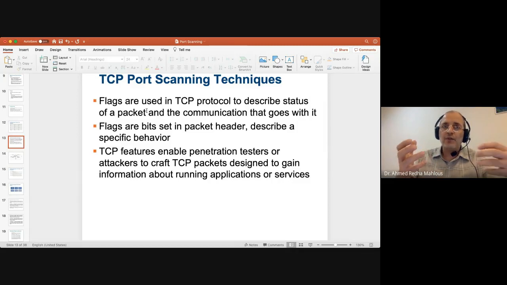I will send a specific packet with a specific flag just to test the behavior of my target machine. Based on the response I get from my target machine, I will deduce whether that machine has an open port or closed port, or whatever information I want to get from that machine. So this is the idea about the flags.